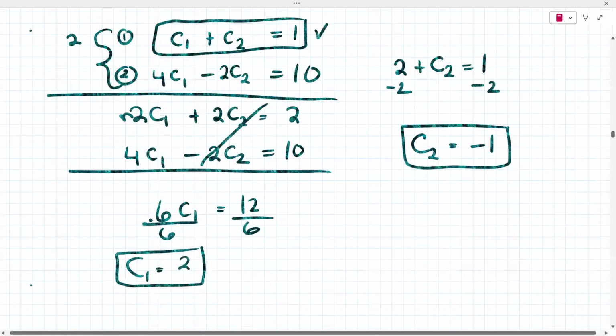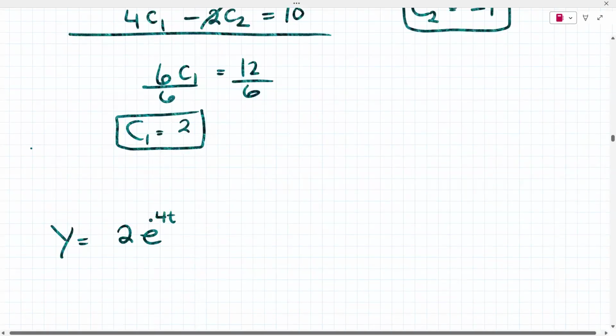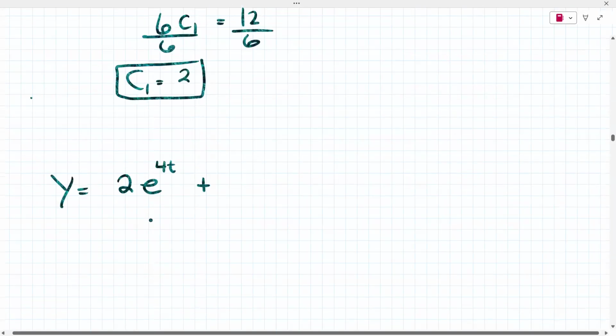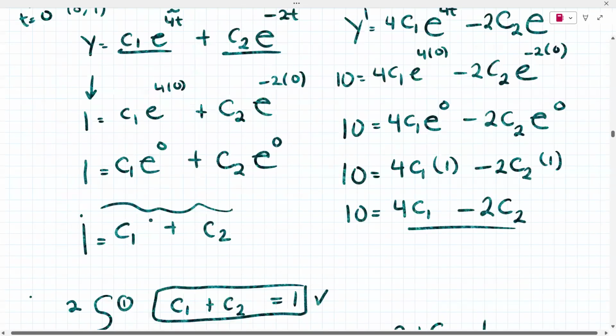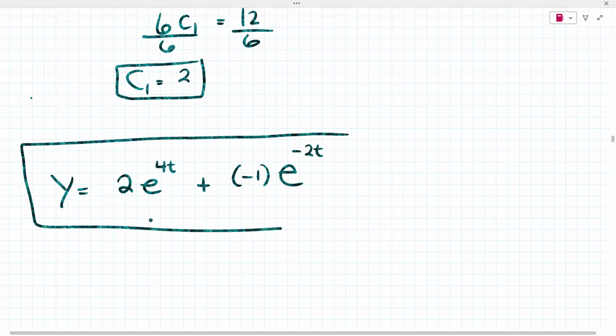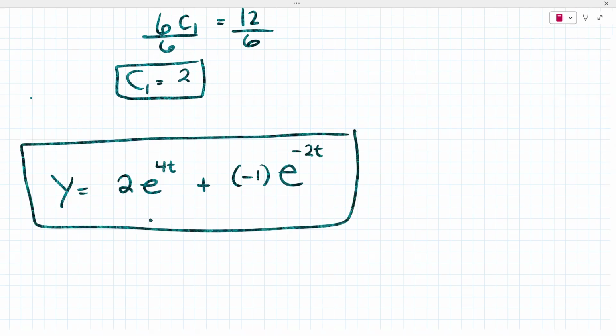So you could put 4t here, plus, and then my c2 is negative 1, e raised to the power, one of my other roots was negative 2. Okay, so this is your general form, and that's it. Not too bad. So let's move on to example 4.